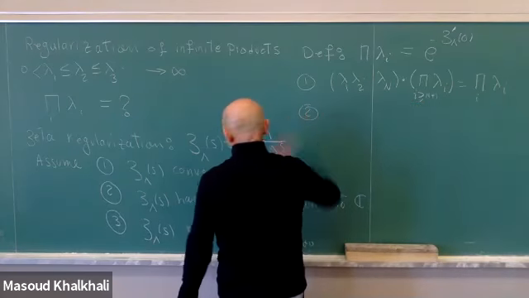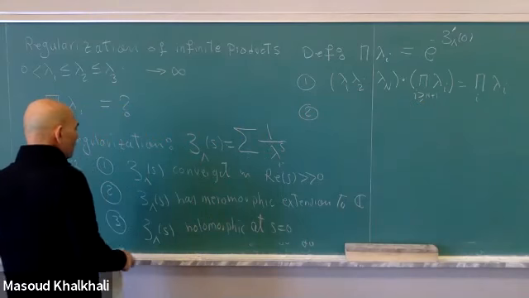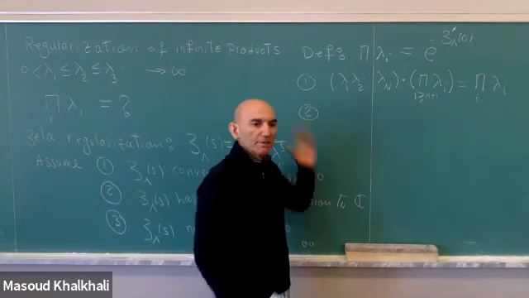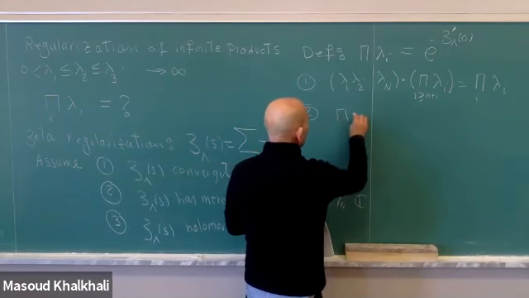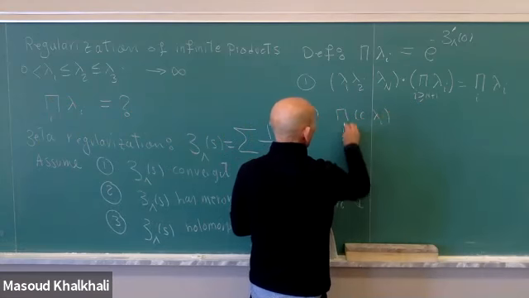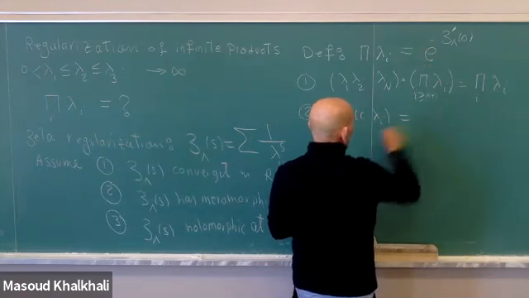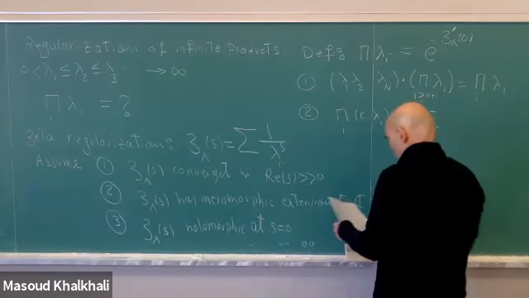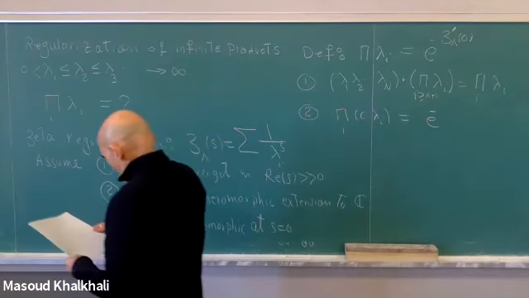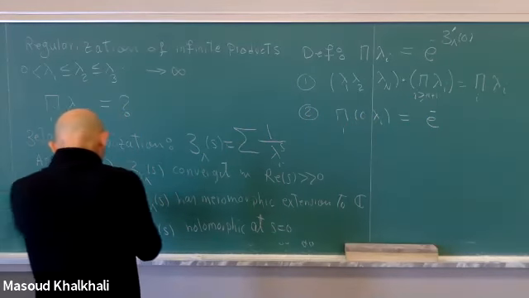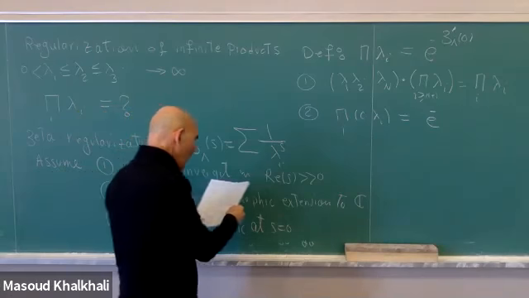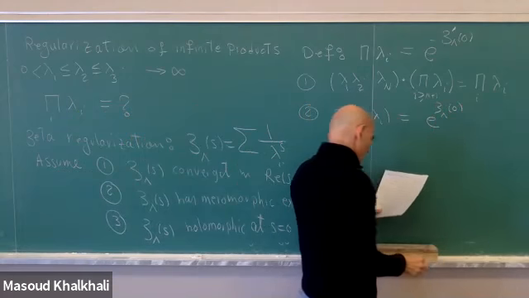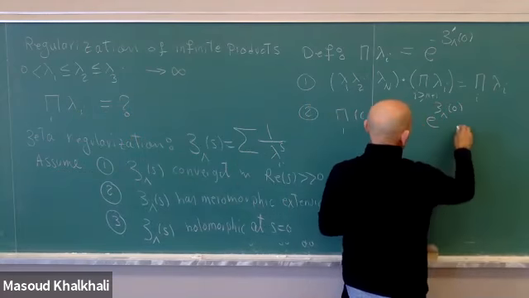The second property of this product is that if you scale these quantities by some positive number c, that is, if you take the product of c lambda i by this method, this is like the exponential of zeta lambda at 0, times lambda 1, lambda 2, and so on.